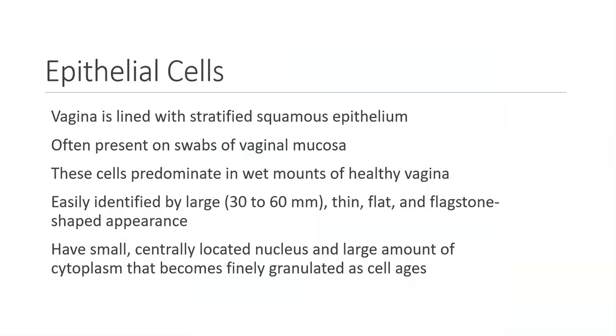The vagina is lined with stratified squamous epithelium, and they're often present on the swabs of vaginal mucosa. These cells predominate in wet mounts of healthy vaginas, and they're easily identified by their large, thin, flat, and flagstone-shaped appearance. They have a small centrally located nucleus and a large amount of cytoplasm that becomes finely granulated as the cells age.